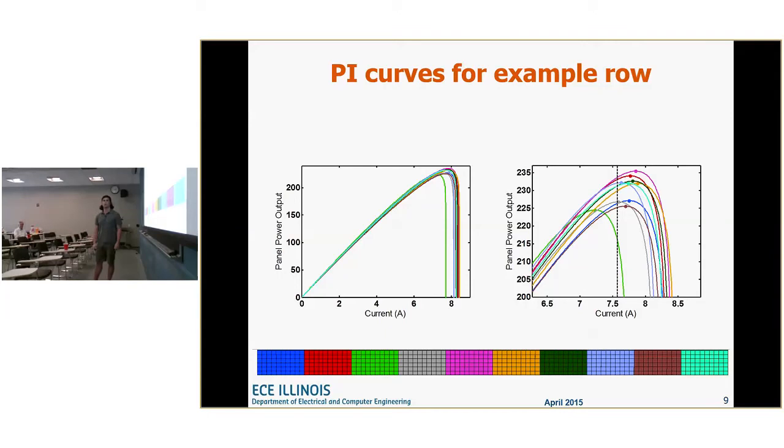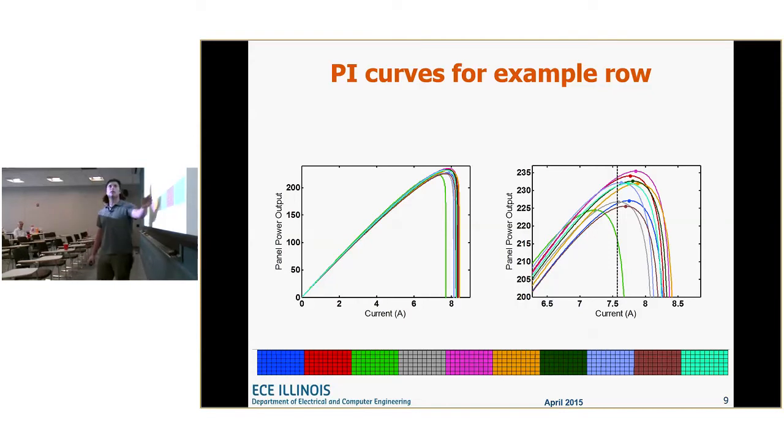This is just showing how mismatch from factory binning occurs. Here I'm showing the PV curves for each of my panels down here. This zoomed out version isn't really helpful, but if we zoom in on the tops of our curves where the maximum power happens, we can see that each dot corresponds to the maximum power of each curve. When we just have bypass diodes, we have to choose a single string current for the entire string.